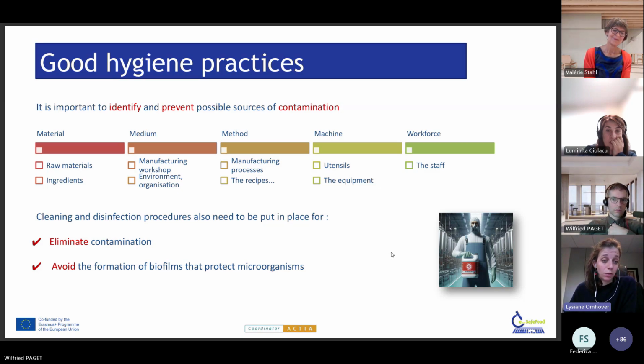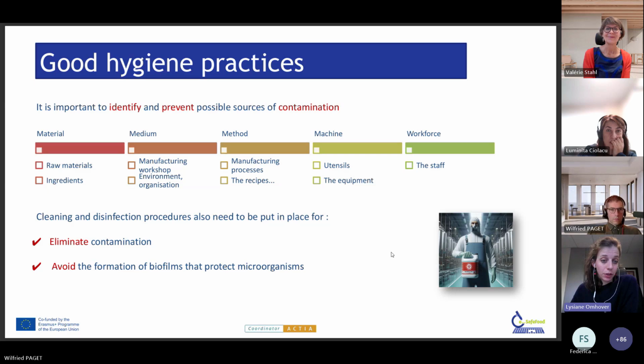It can be the manufacturing workshop, the environment, the organization. A source of contamination can be the method, the process used for the food product, the manufacturing process, the recipe. Contamination can come from machines with utensils, the use of equipment, and also from the staff.